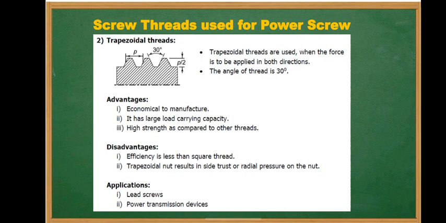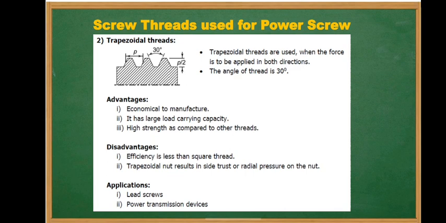Second type is trapezoidal threads. Trapezoidal threads are used when the force is to be applied in both directions. The angle of thread is 30 degrees. Advantages: economical to manufacture, it has large load carrying capacity, and high strength as compared to the other threads.